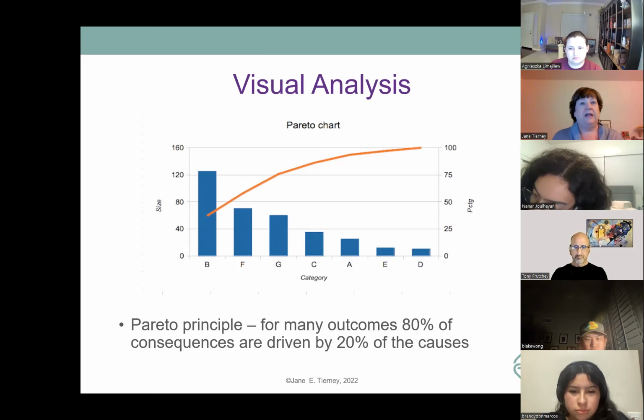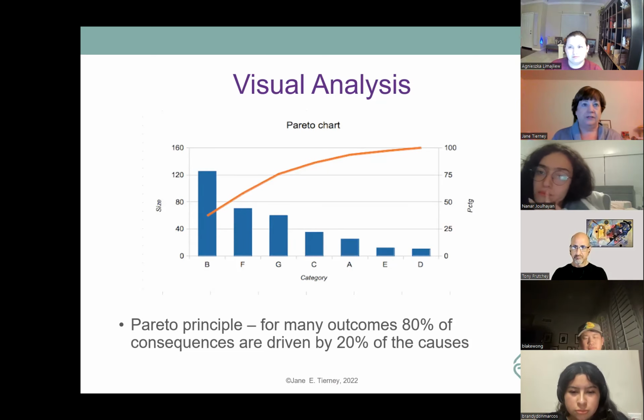But we call it the 80-20 rule, because for many things, like most of your defects, 80% of your defects will be of one kind, or they might come from one supplier, or they might be related to one product. So there's clusters of these things that happen naturally, just like the normal curve happens in nature.